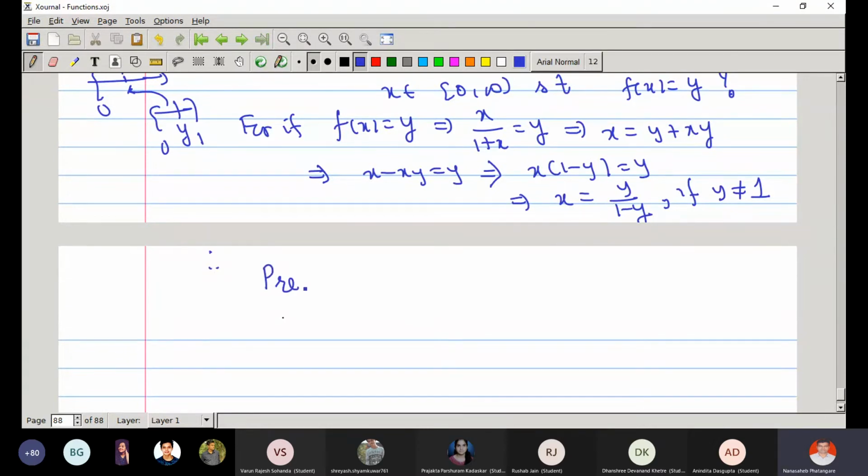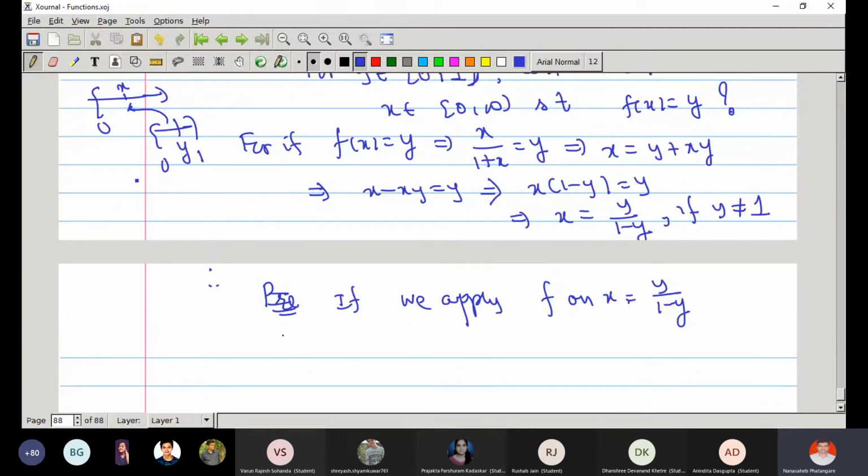Therefore, pre-image. So now if we apply f on x, which is y upon 1 minus y, right? From y we have produced x, which is y upon 1 minus y. Now is it the right candidate for the pre-image?